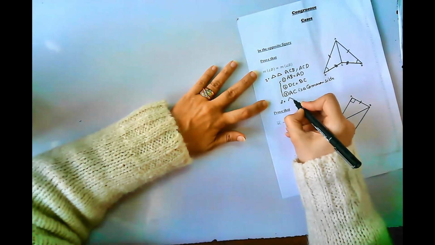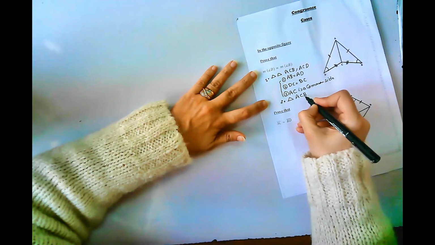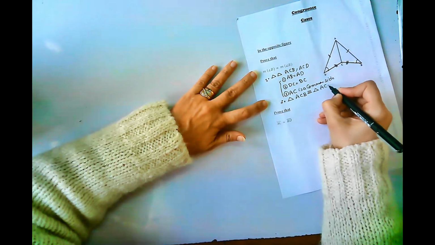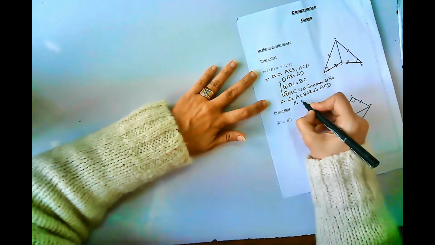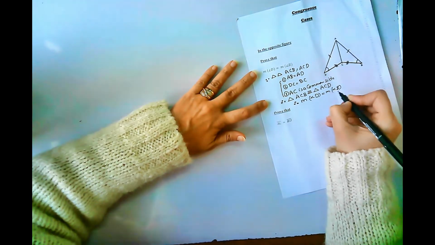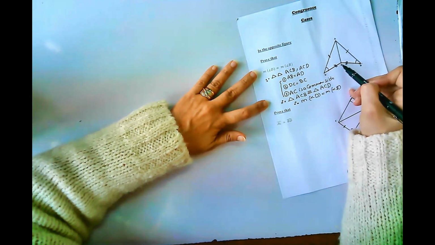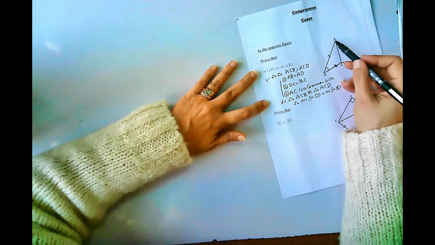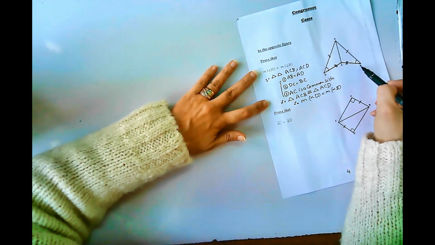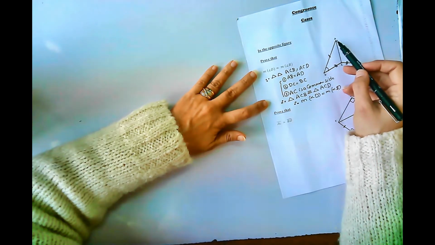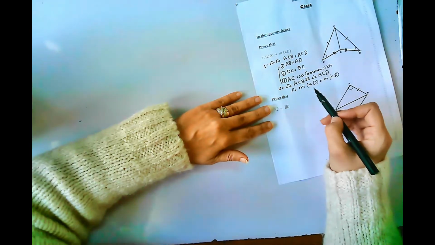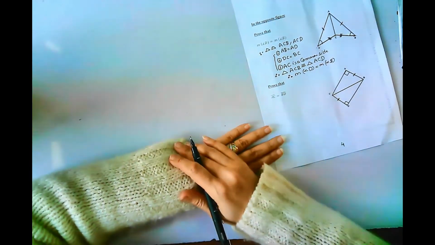Then triangle ACB is congruent with triangle ACD, then the measure of angle D equals the measure of angle B, and the measure of angle BAC equals the measure of angle DAC, and the measure of angle ACB equals the measure of angle ACD. But we want the measure of angle D equals the measure of angle B.